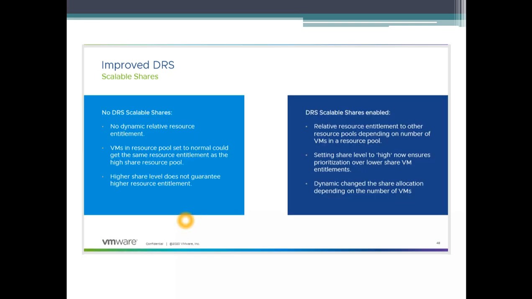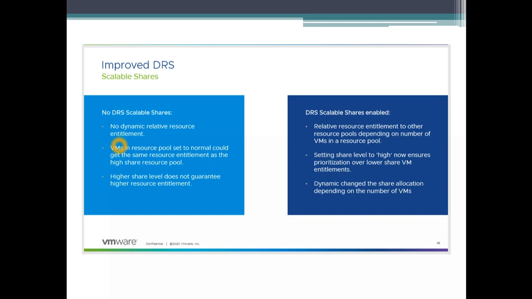Another thing which is new in vSphere 7 is the scalable shares, and it is awesome, I'm telling you. Before, you can imagine that we have 4 VMs and you have shares enabled. It will give 25% to each VM, whereas you could have a scenario where out of those 4, one VM is in a different pool which has a dev machine, and you don't want to give a dev machine 25%.